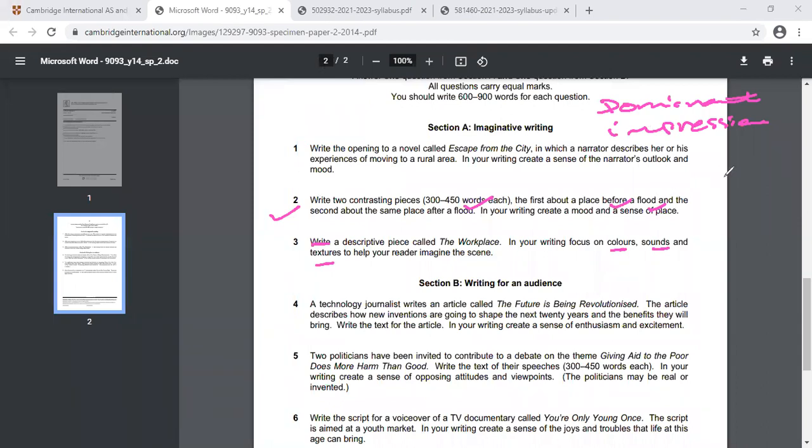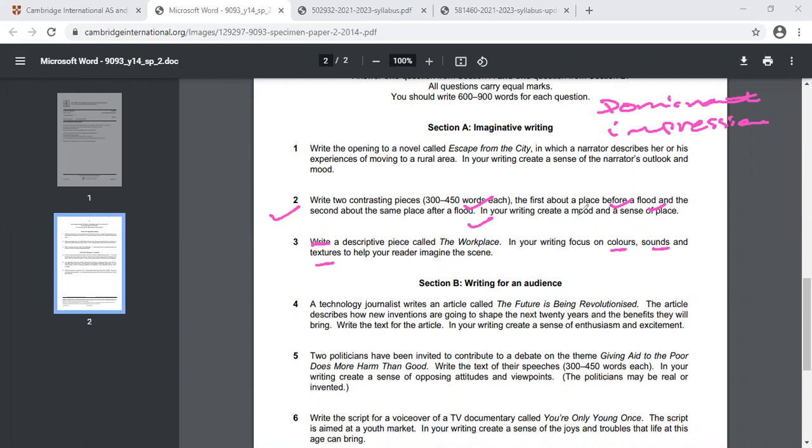All right. So, dominant impression means that I can give a bad picture, a negative picture of my workplace. I can give a positive, a very bright picture of my workplace, right? Now, whatever I want to aim to do would actually shape my descriptive piece.